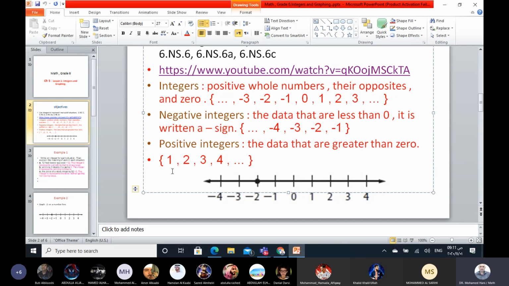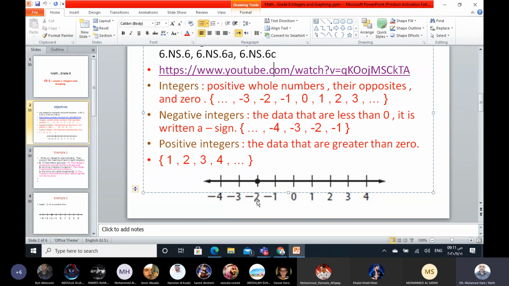If I want to represent the integers, draw a number line with 0 in the middle. On the right side, the numbers are greater than 0, the positive numbers. For example, 1, 2, 3, 4 to infinity. Here, the right side means positive numbers. And the left side means the numbers are less than 0, and we write a minus sign before the number.